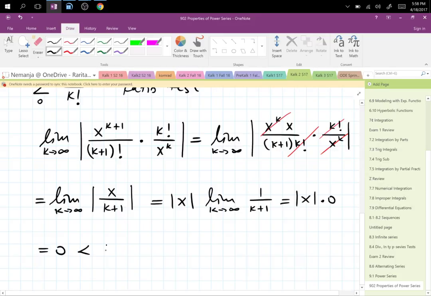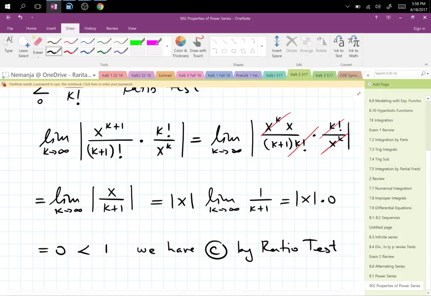Now that is always less than 1, and we know we have a convergence by ratio test. Well, it seems that whatever you pick as a finite number for this x, 0 will kill it, and 0 is always smaller than 1, which means that this is always convergent.